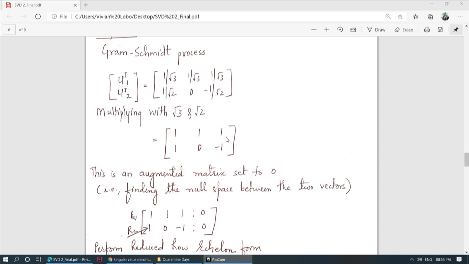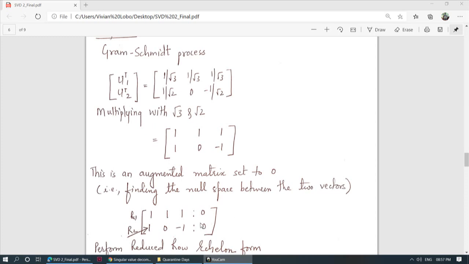I'll tell you what it means. That is, we need to find the null space between the two vectors u1 and u2 transpose. Alright, so basically we are just going to write these values here and we will augment it. You can either use dots or you can use a straight line and set it to 0.